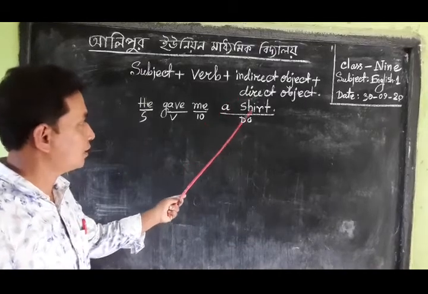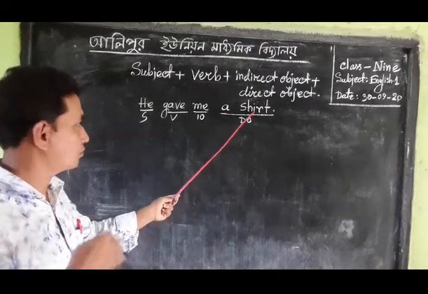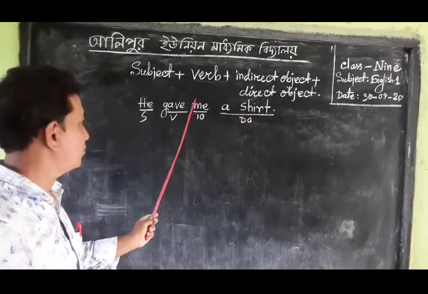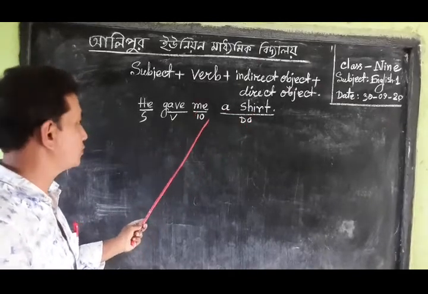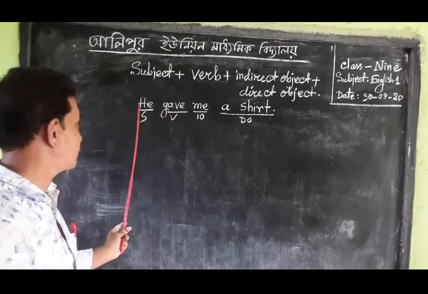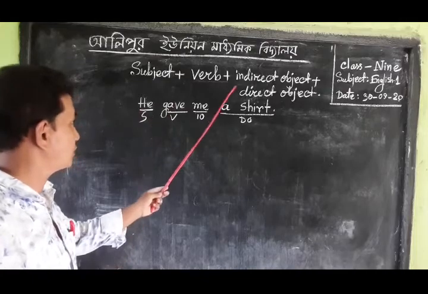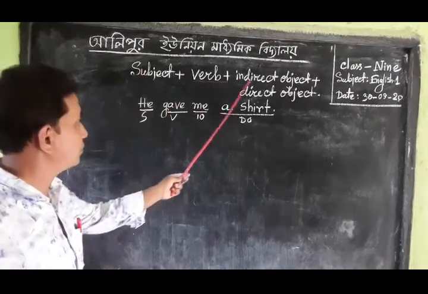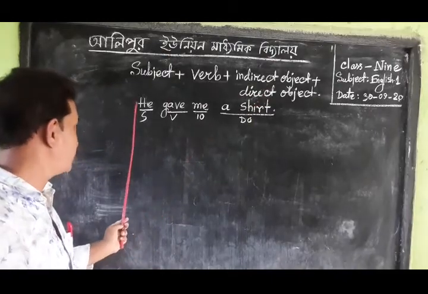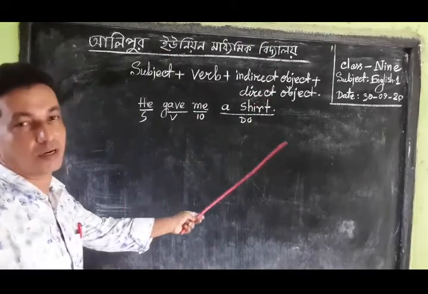Because a shirt is the name of a thing or substance, it is called direct object, and me is the name of a person, so it is called indirect object. So the structure: subject, verb, indirect object, direct object. And the example is, he gave me a shirt.